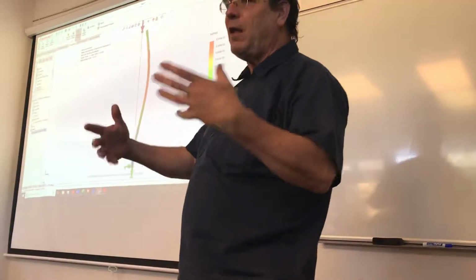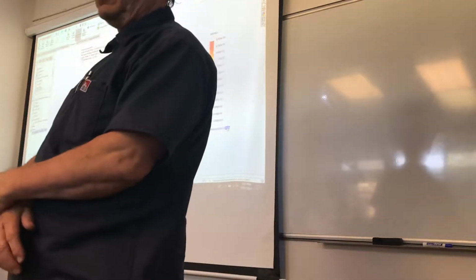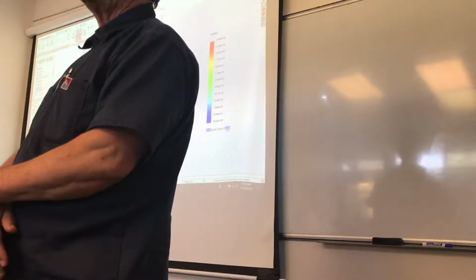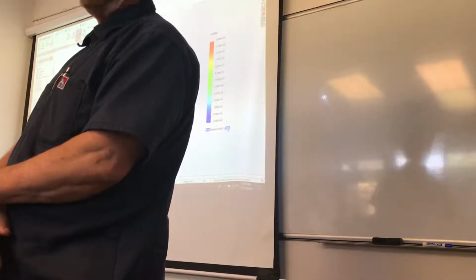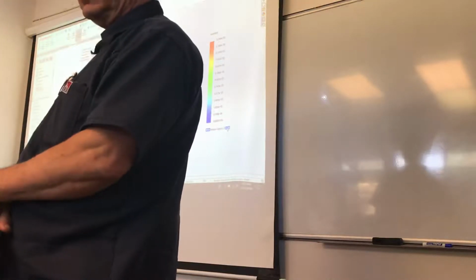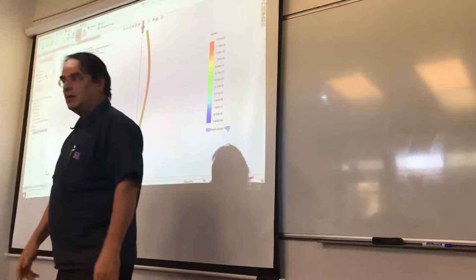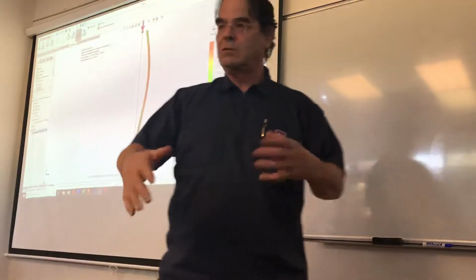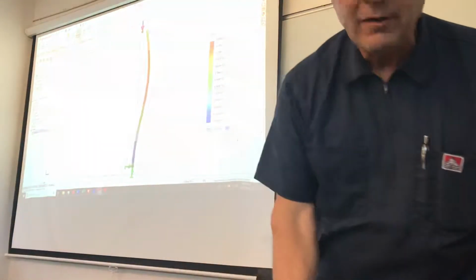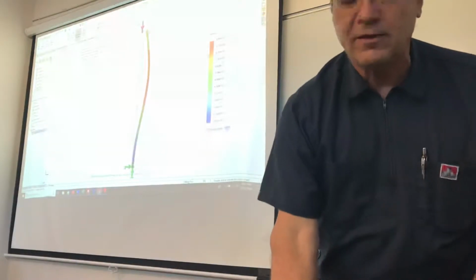Because while this is a failure mode that we're predicting, it's also a failure mode we're predicting at a much higher load. Because these loads are higher, they're less likely to constrain.